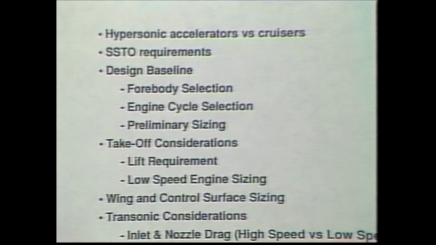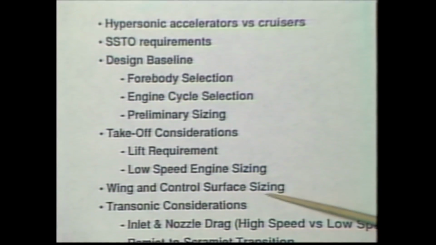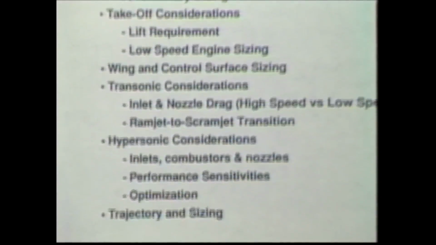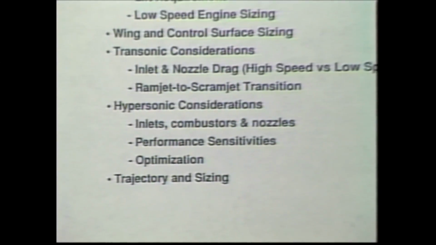Cycle selection, preliminary sizing, takeoff considerations, wing and control surface sizing, transonic considerations, hypersonic, finally trajectory and sizing, all important issues in hypersonic design. Hypersonic design tends to be a very coupled, interactive, multidisciplinary activity.